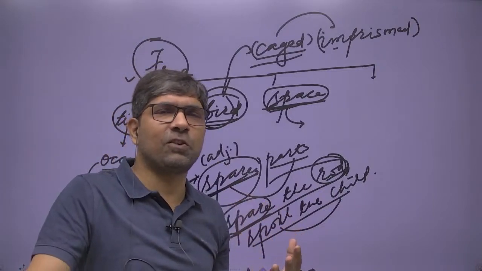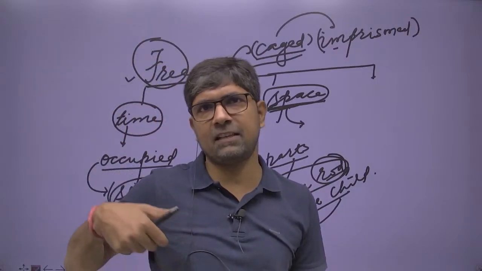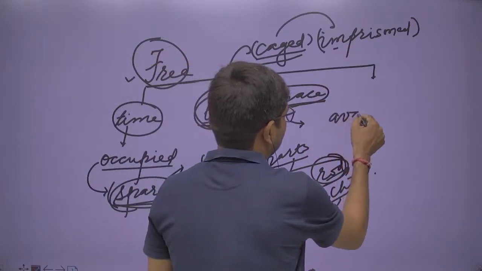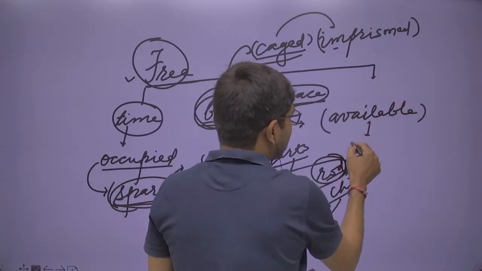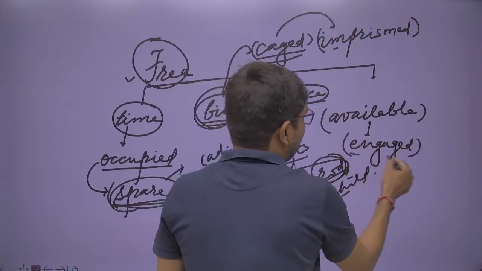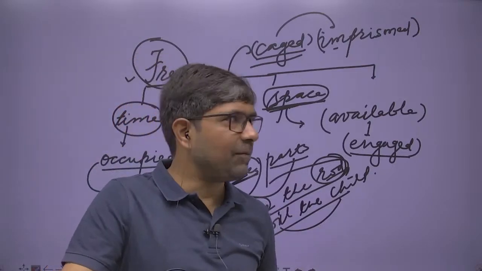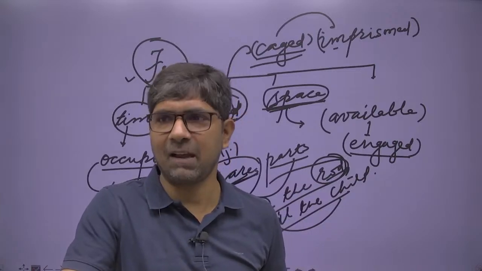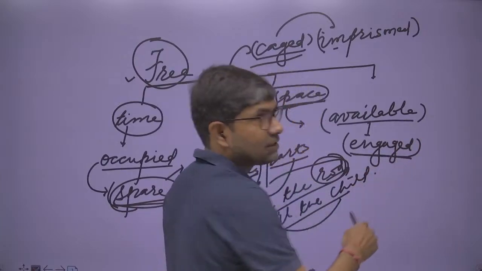You must have seen, some people wear some t-shirt and there is a caption, I'm available. Here available means I am not engaged, I am not in any relationship. I am available means I am looking for somebody for this relationship. I am available.